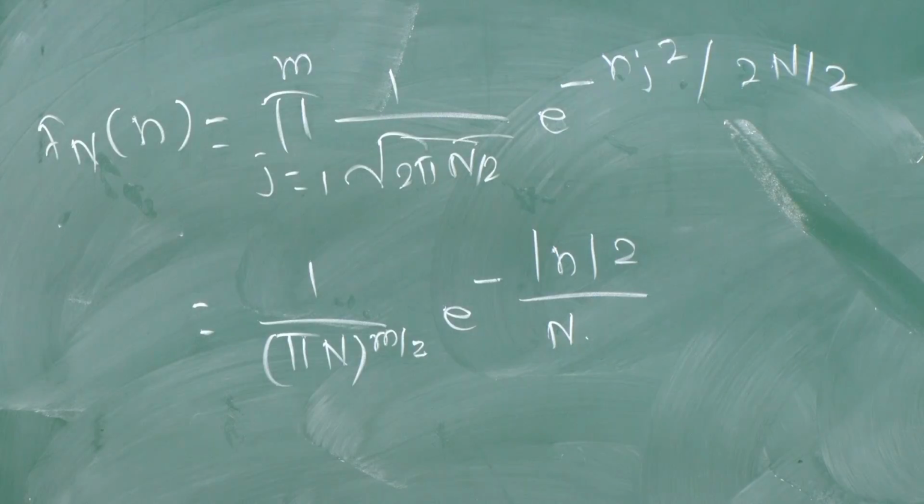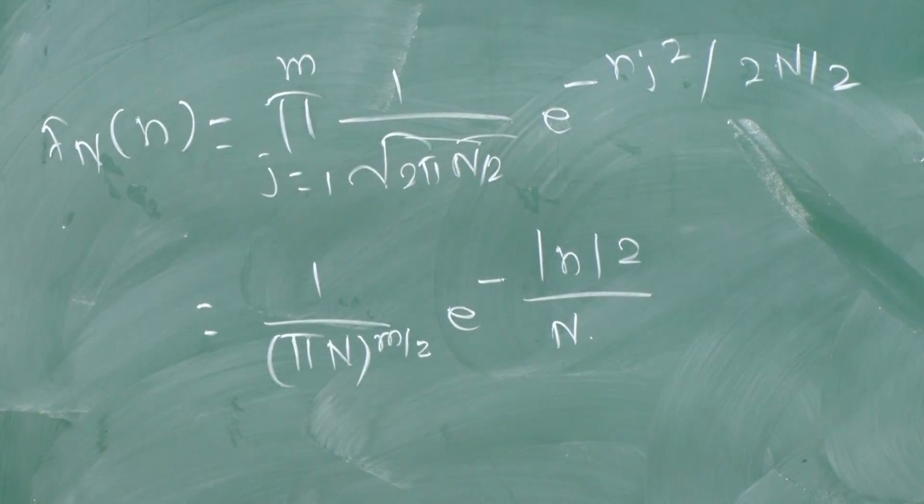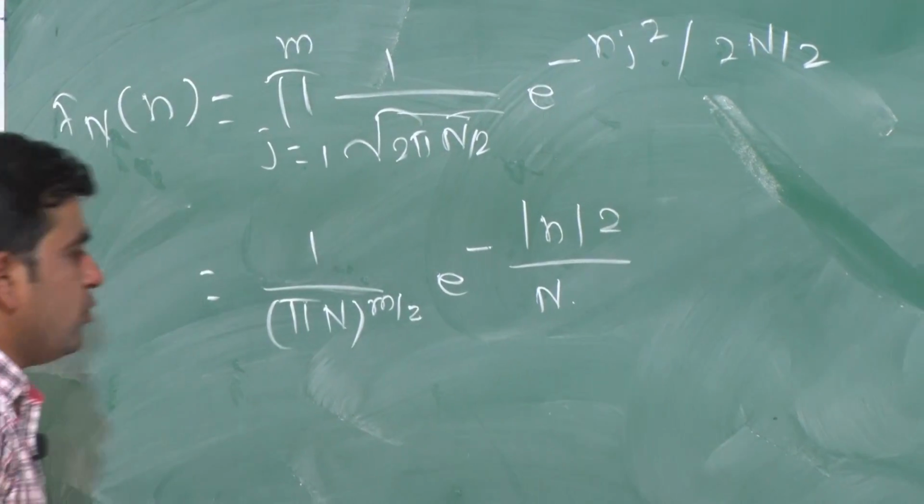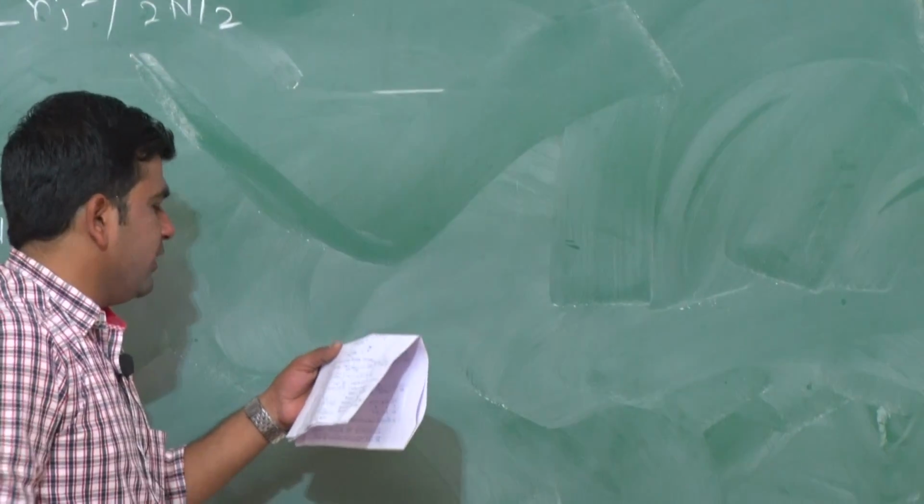Similarly, we have to define the probability density function for jointly Gaussian random variables.